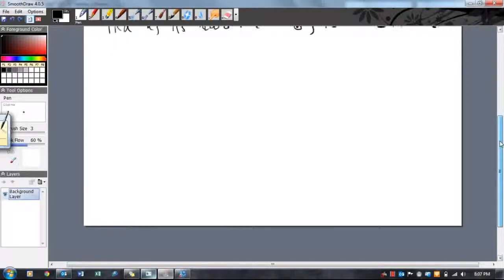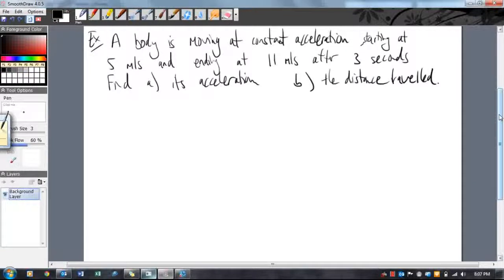A body is moving at constant acceleration, starting at 5 meters per second and ending at 11 meters per second after 3 seconds. Find its acceleration and find the distance travelled. Really simple question. The first thing I would do in any of these questions is write down what you know.